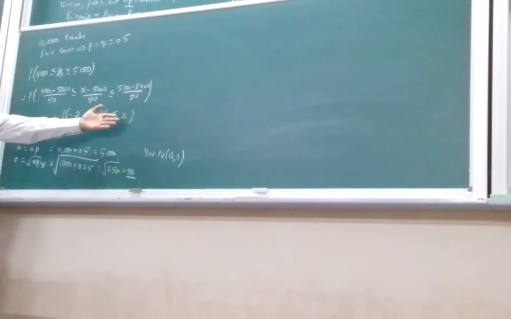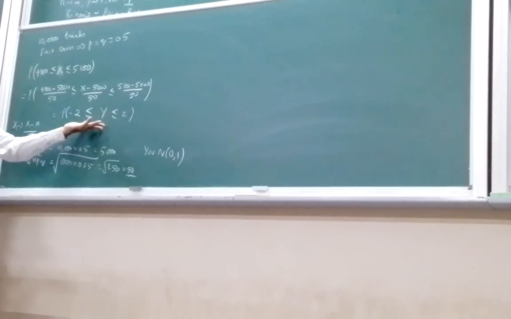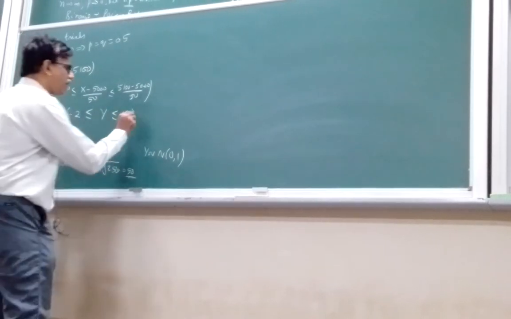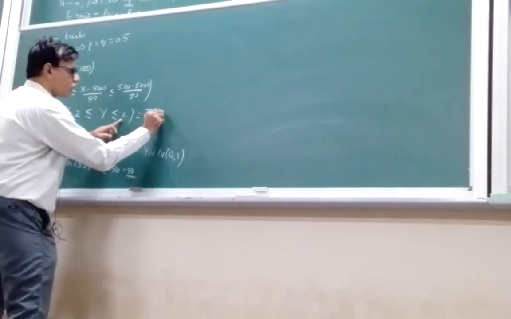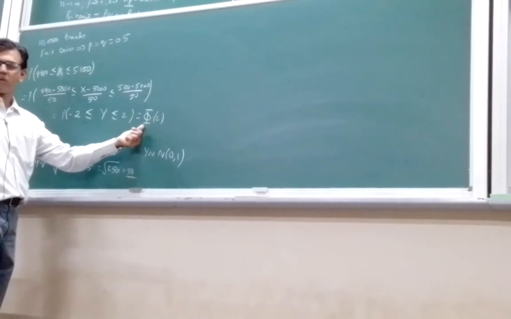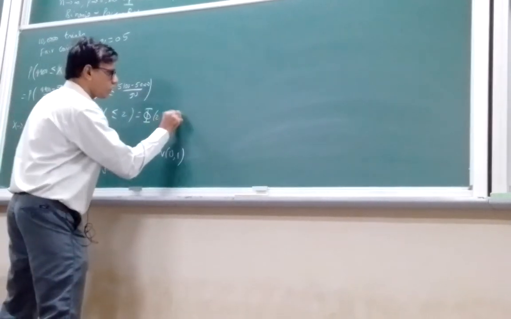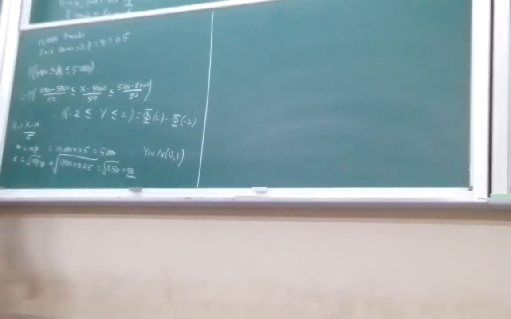Now that's it. I have just converted everything to the evaluation of a probability over a range of a standard normal. So that is given by the CDF of 2 minus the CDF of minus 2. That's it.